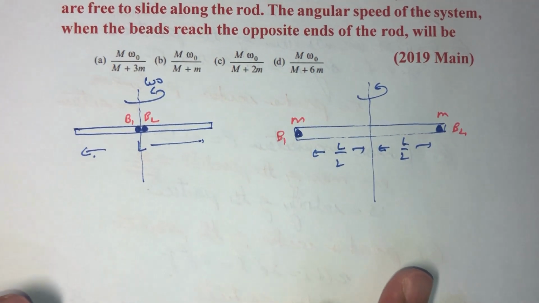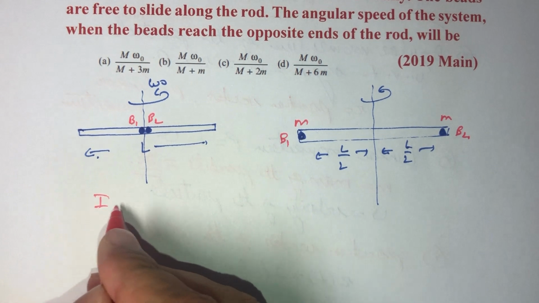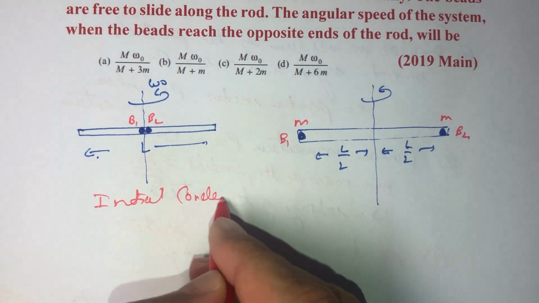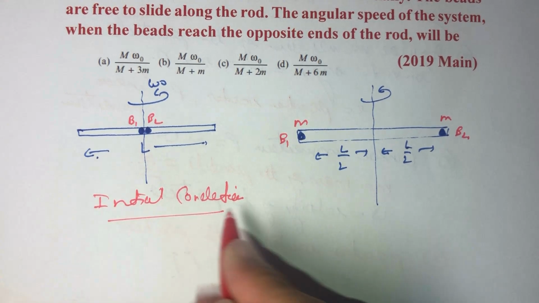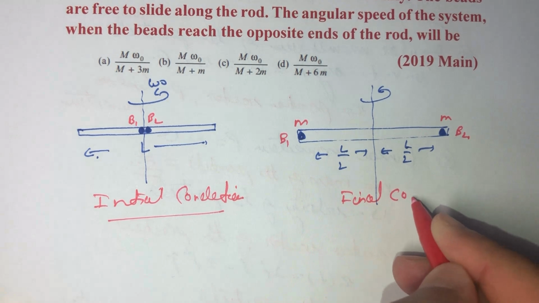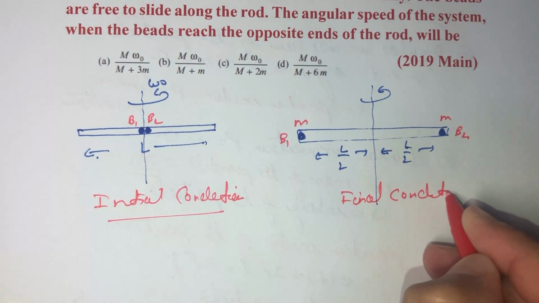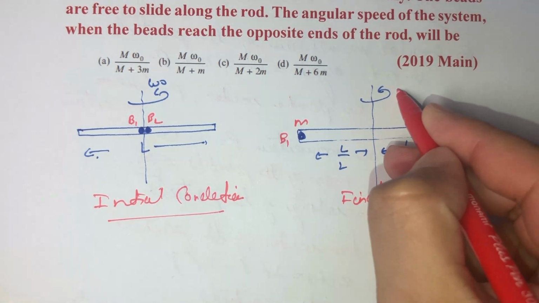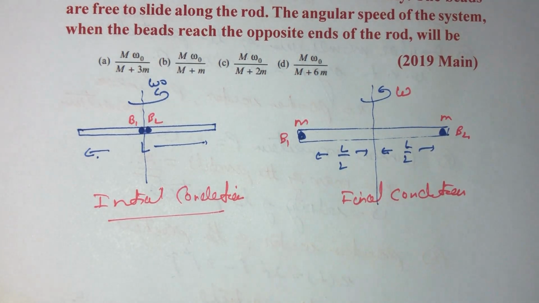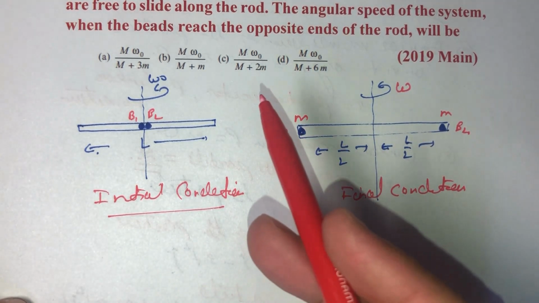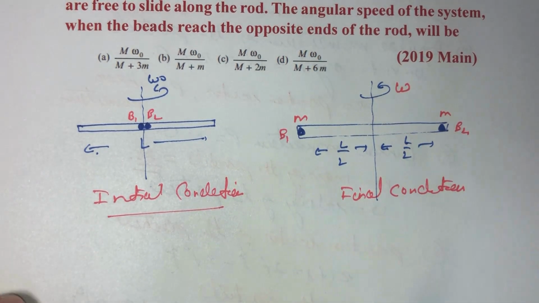So let us call this the initial condition, and this is the final condition, and now the angular velocity is, let us suppose, omega, and the mass of the rod is given as capital M.